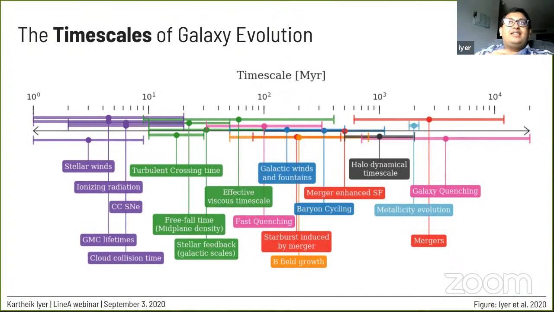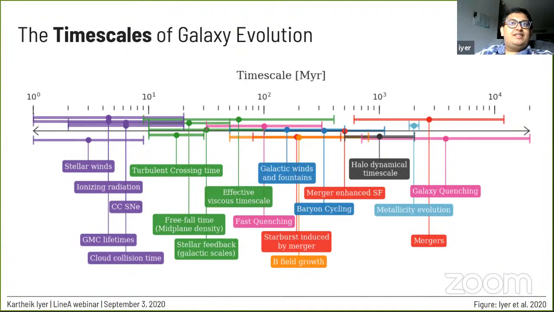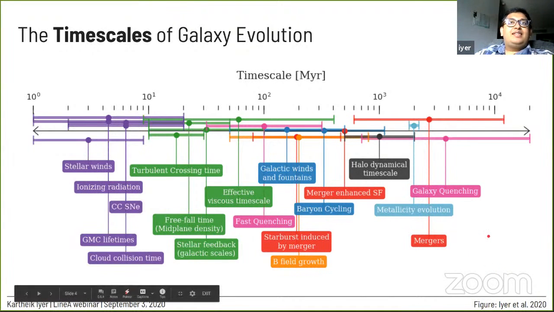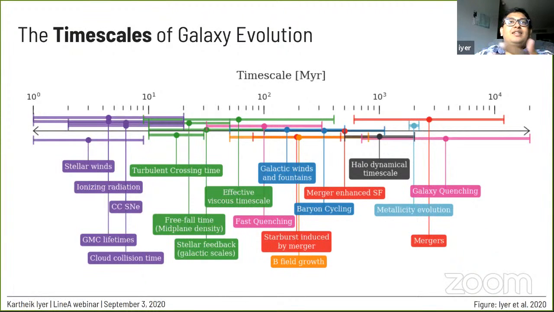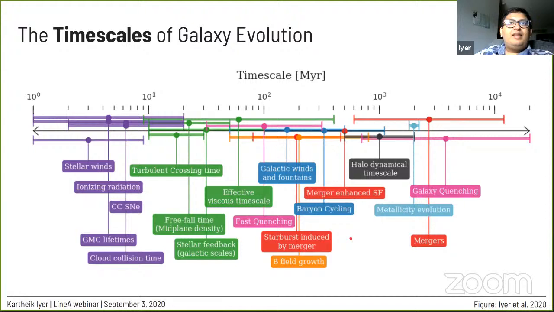So if a galaxy is forming stars, is it forming stars in a sort of steady mode, or is it bursty? If bursty, how bursty is it? Is it experiencing episodes of quenching followed by rejuvenation? So there's many different populations of galaxies, and it's important for us to understand which processes dominate in each population to understand why galaxies grow in a certain way.